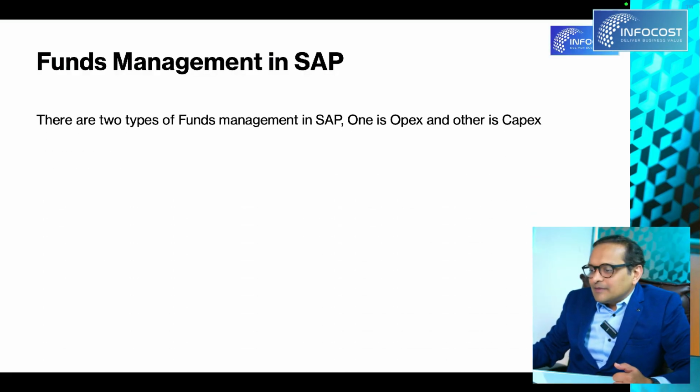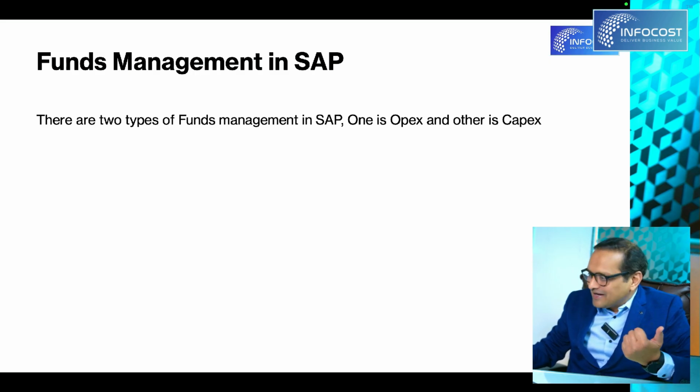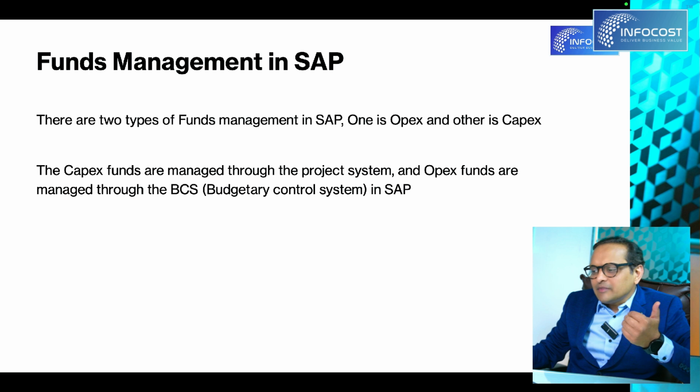Funds management in SAP has two important types of expenditure: one OPEX and another CAPEX. As we all know, OPEX is operational expenditure and CAPEX is capital expenditure. First let me shed light on capital expenditure, because capital expenditure is controlled through the project system.